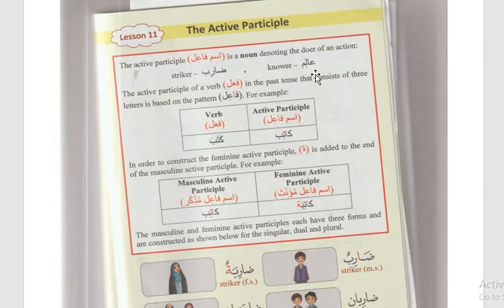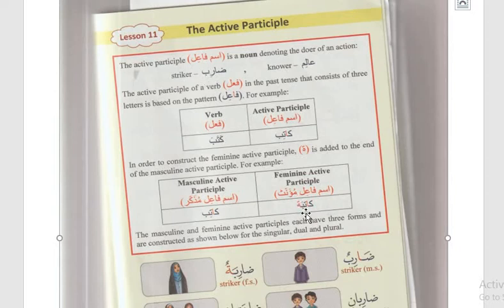Very good. And if I want to make this word alim, which is masculine active participle, into feminine active participle, what do I do? Yes, I add also ta marbuta at the end. It becomes alimatun. So alimatun, daribatun, and katibatun.